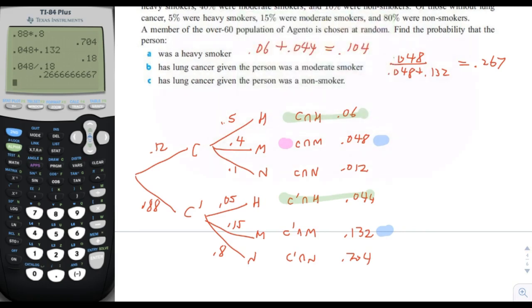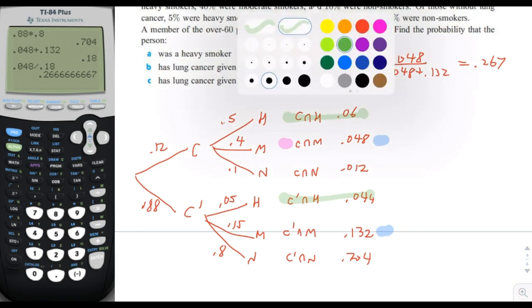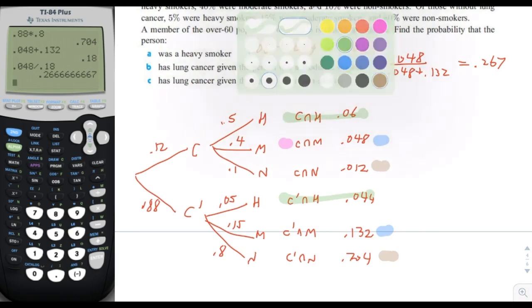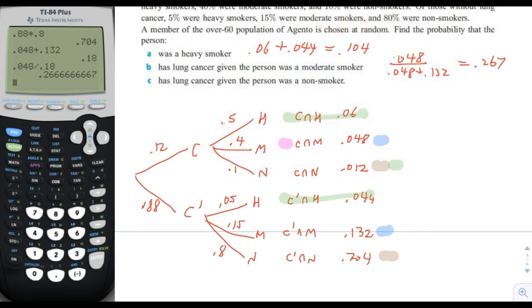And then finally, last one, has lung cancer given that the person was a non-smoker. Okay, so that would be non-smoker and non-smoker, what's the probability that they have cancer? That would be this. So for the last one, it would be 0.012 in the numerator, and in the denominator, I would have 0.012 plus 0.704.